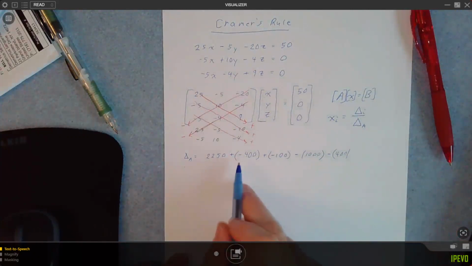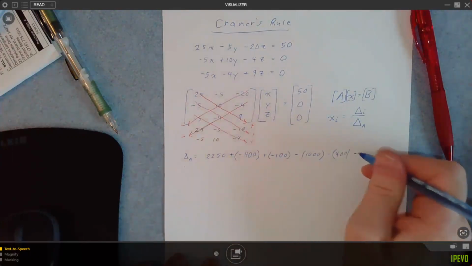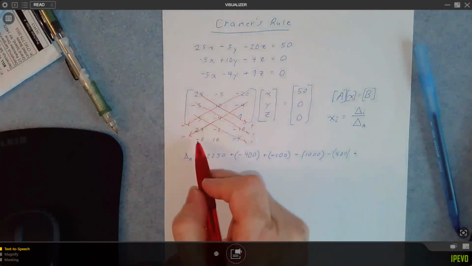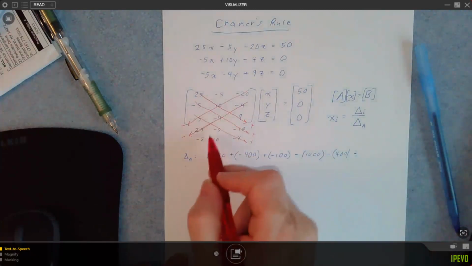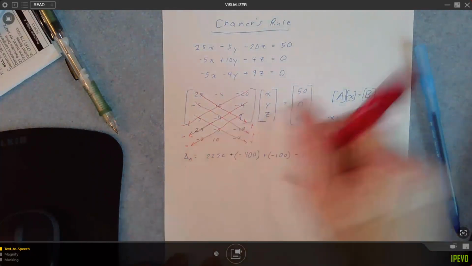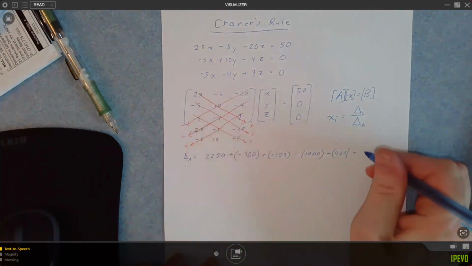Plus, minus, minus. All right, then we're going to have one more minus, going from 9 times 5 times 5. Well, these two negatives cancel out, they become a positive. So you've got 25 times 9, 225.